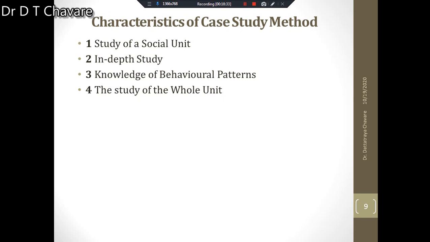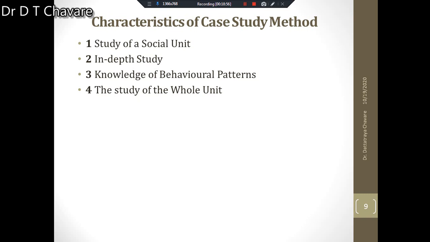And the last characteristic we have to study here is the study of the whole unit. The case study method pursues the subject matter of investigation as a whole unit. It tries to pursue the unitary force of the subject matter and organizes it into an integrated whole.